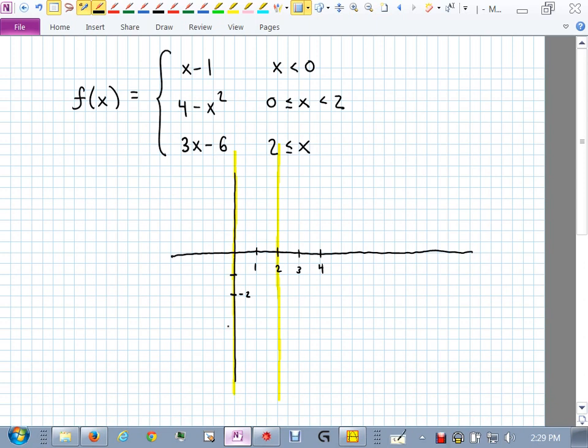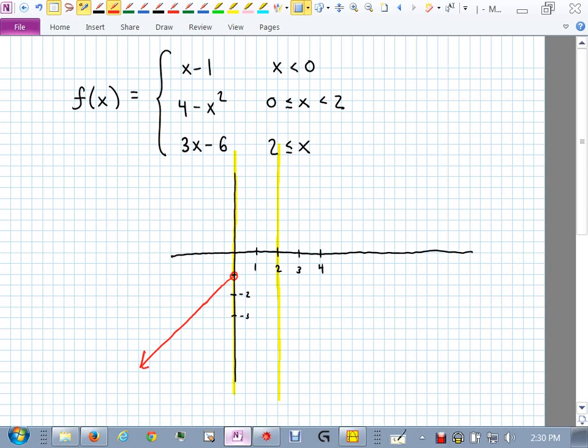Here's -2. -3. So if I'm going to draw this line, I have a y-intercept of -1 and a slope of 1, which means it should go up 1 over 1, up 1 over 1, right? But I can't go to the right. I have to go to the left. Why do I go to the left? Because it's only for x less than 0.